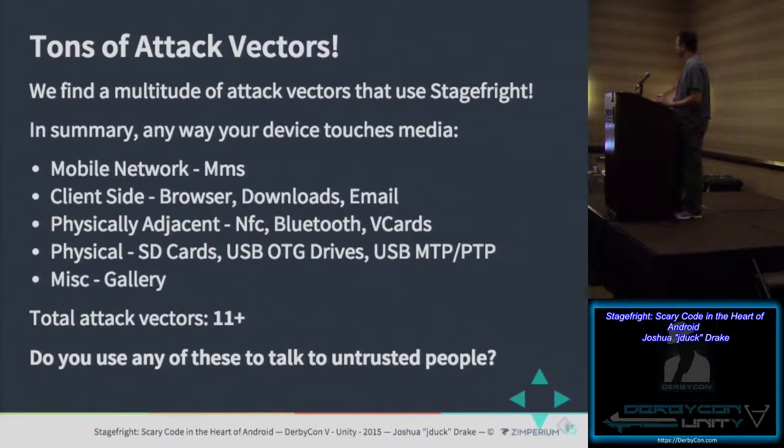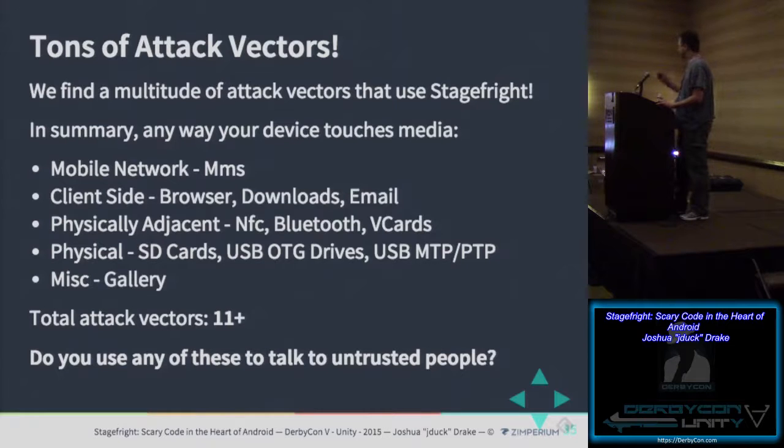So there's still client-side browser downloads. Like I mentioned before, you can reach this code through email, although that's usually going to require you to actively get the user to download some attachment. Android doesn't download the attachment itself automatically without you doing something first in email. So, there's also other stuff like NFC or Bluetooth or sending each other like virtual cards of yourself.